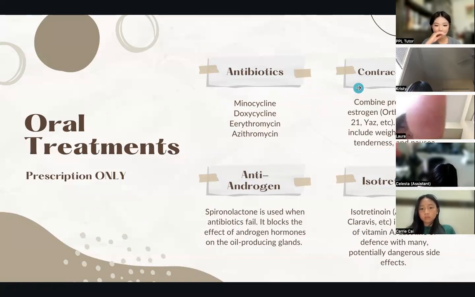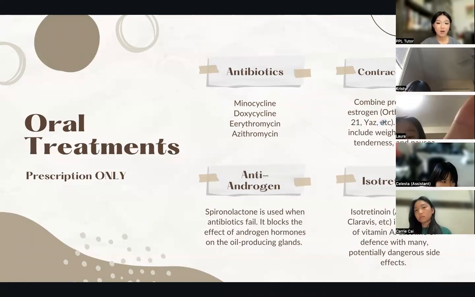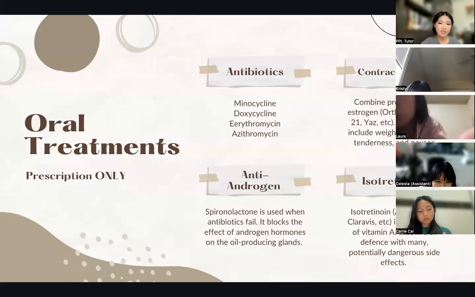So basically what contraceptives or birth control does is that it combines progesterone and estrogen, which are two different types of hormones. And there are a gazillion types of contraceptives. All of them work differently. So that's the reason why a lot of women experiment with different types of contraceptives to see which one works the best for them with the least side effects.